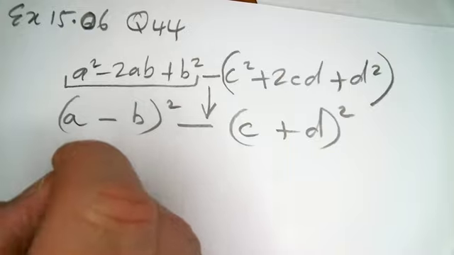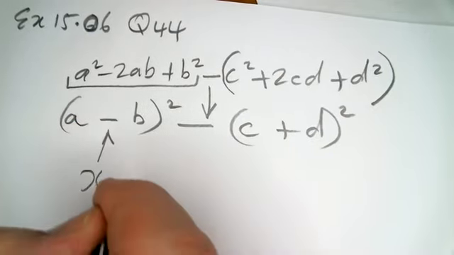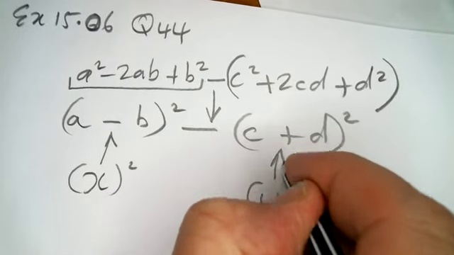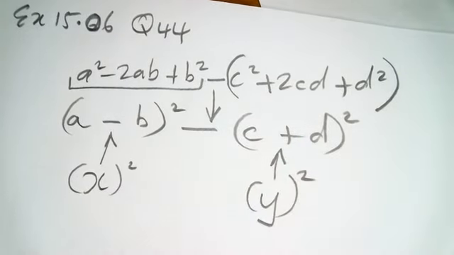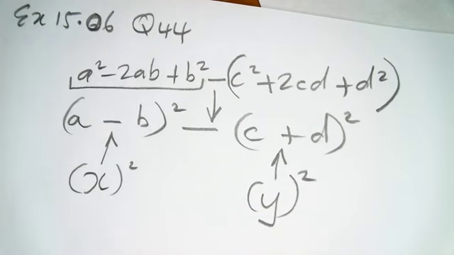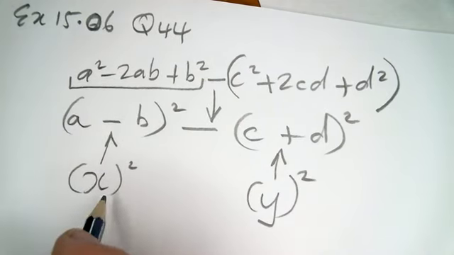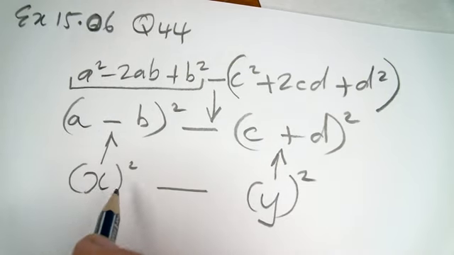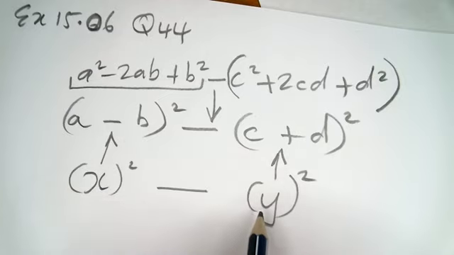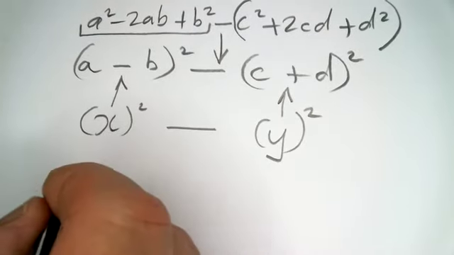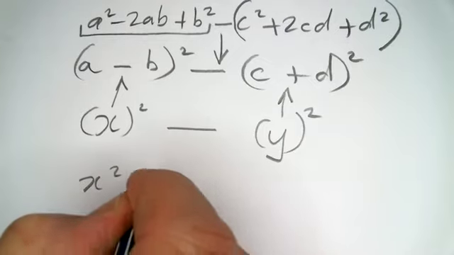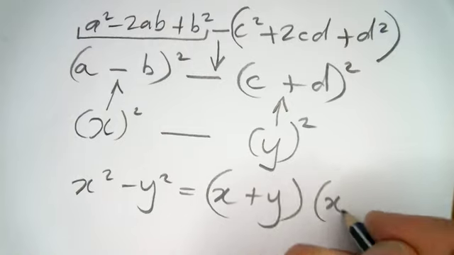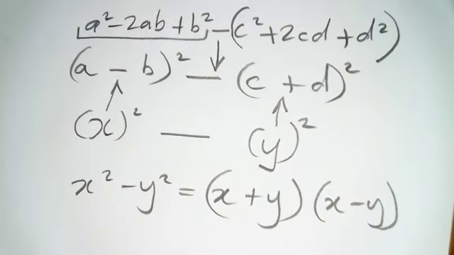Now, if you think about this whole thing here as being an x, and obviously it's squared, this as being a y, and this bit here is going to be squared, sorry about the dogs, then what we find is we've got the difference between two squares, and we know that x squared minus y squared is equal to (x + y)(x - y).